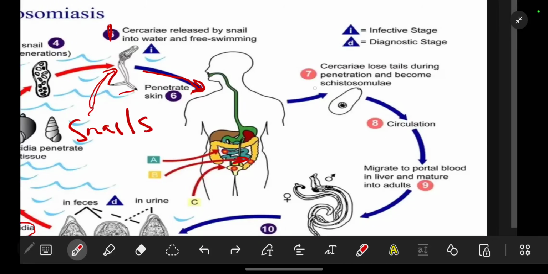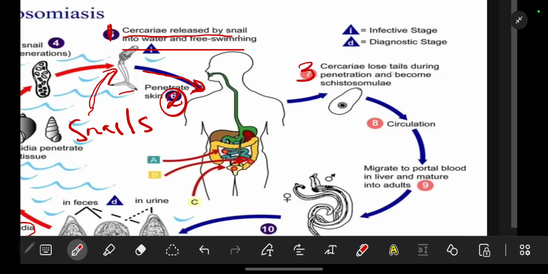Now, remember number one: Cercaria released by the snail into the water. Number two is penetration into the skin. Then number three will be it losing the tail.